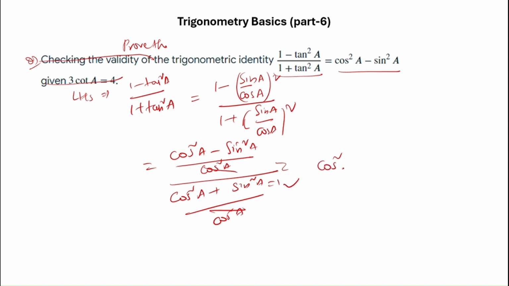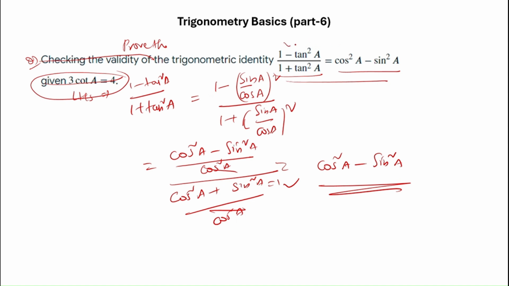So obviously the answer will be cos square A minus sin square A. So the same question, only instead of giving the angle, we have to show the identity, because the identity has LHS and RHS. Therefore you start from the LHS and prove the RHS. This is another way to solve the problem.